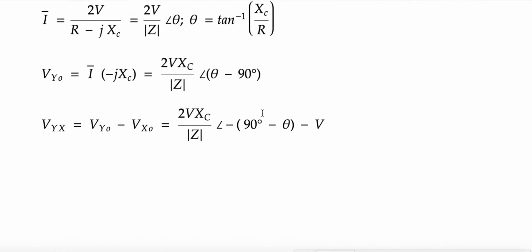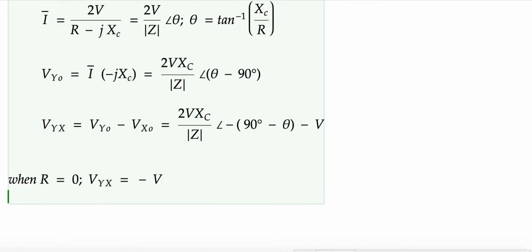When R is 0, you'll get the same value. So when R equal to 0, Vyx equal to minus V. Okay, is that clear?